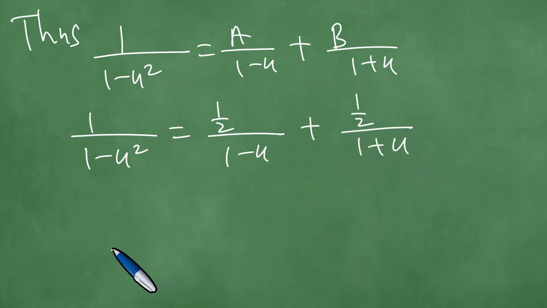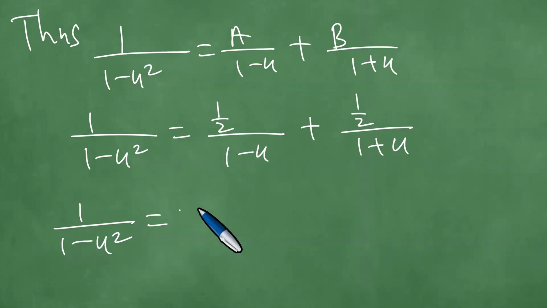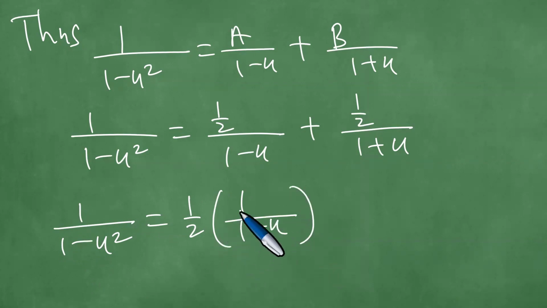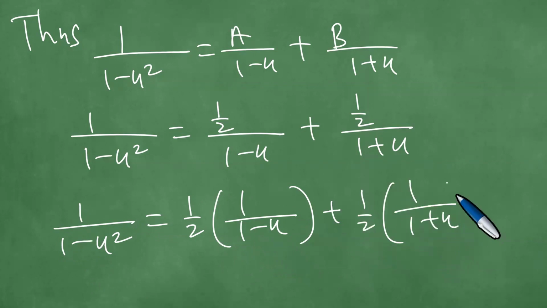And this is what we are able to get at this point, and with this, we are in a position to continue. This can also be written as 1/2 times 1 over 1 minus u plus 1/2 times 1 over 1 plus u.